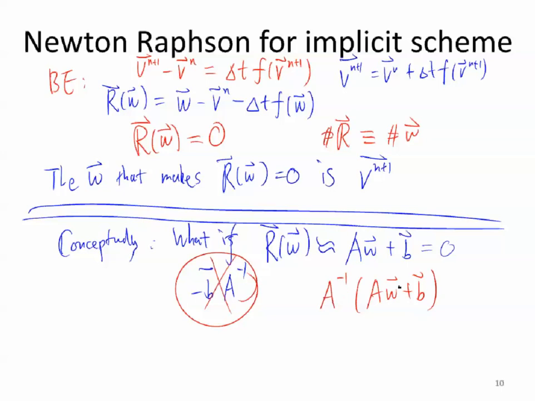To find W, we multiply A inverse onto that. You cannot multiply from the right, because multiplying from the left is the only way of combining A inverse with A to make it I.